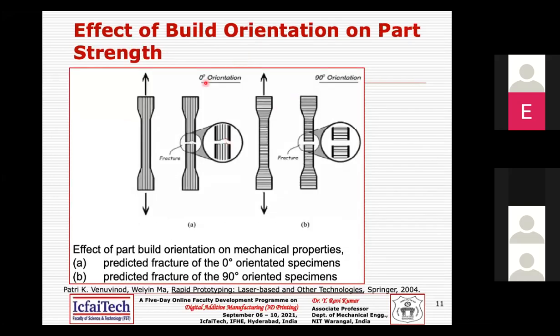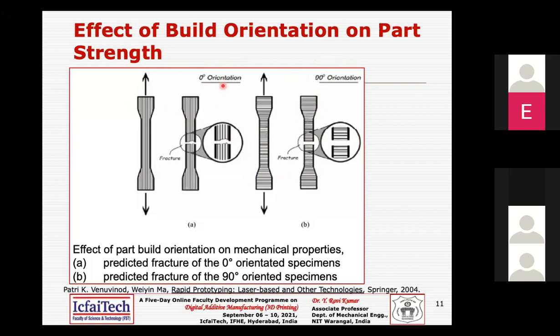And similarly, if you are fabricating the components in several orientations, for example, zero orientation, one sample, and another sample with the 90-degree orientation, and you try to see the fracture mechanics of these two samples, you have totally different fracture mechanics, because one sample is made in 0-degree orientation and the other in 90-degree orientation.